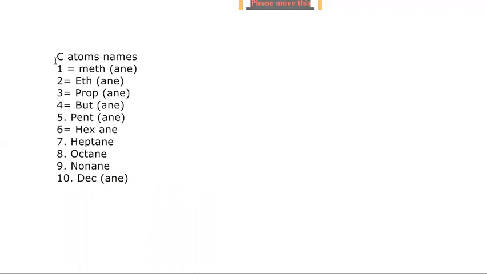All these are the names of hydrocarbons which belong to the group called the alkanes. Now I am moving to the second class of hydrocarbons, and these are the alkenes.